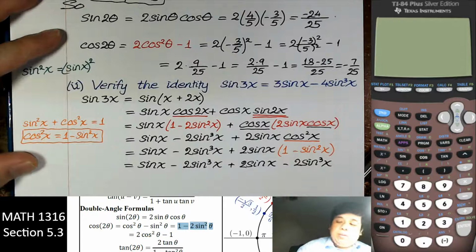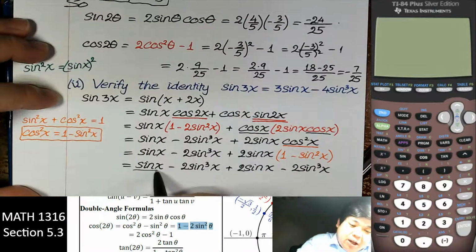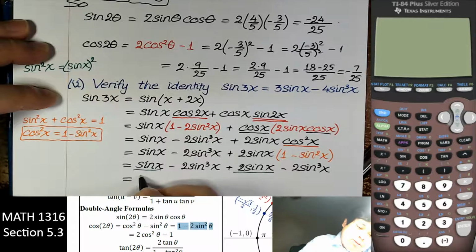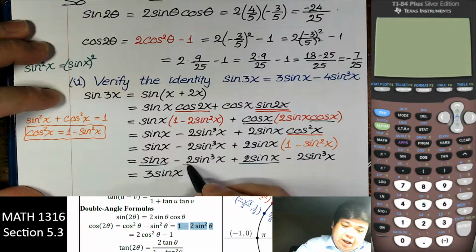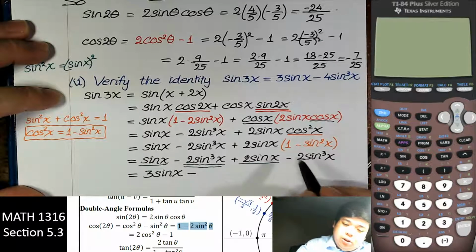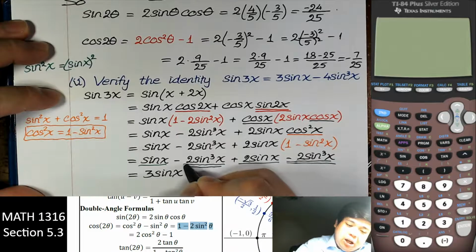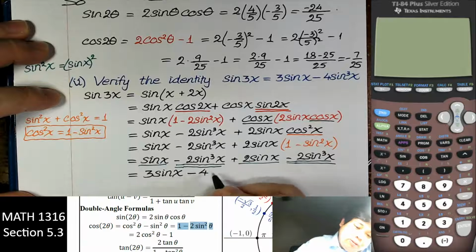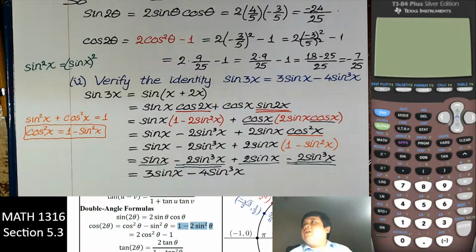And finally, just combine like terms. We have sine x plus 2 sine x, that is 3 sine x, and then sine cube, minus 2 sine cube, minus 2 sine cube, minus 4 sine cube.